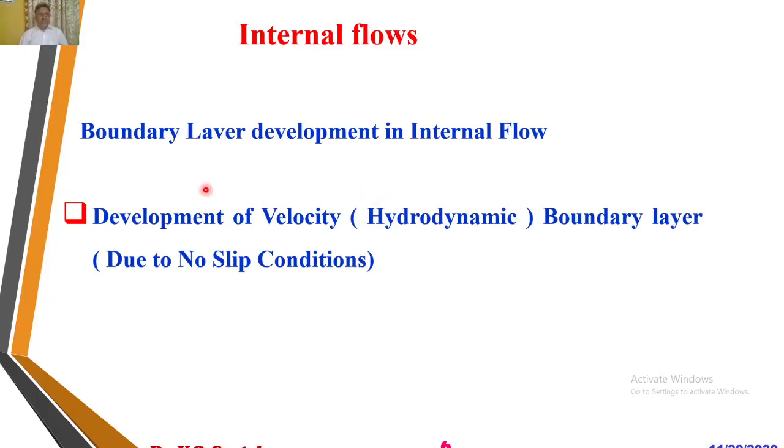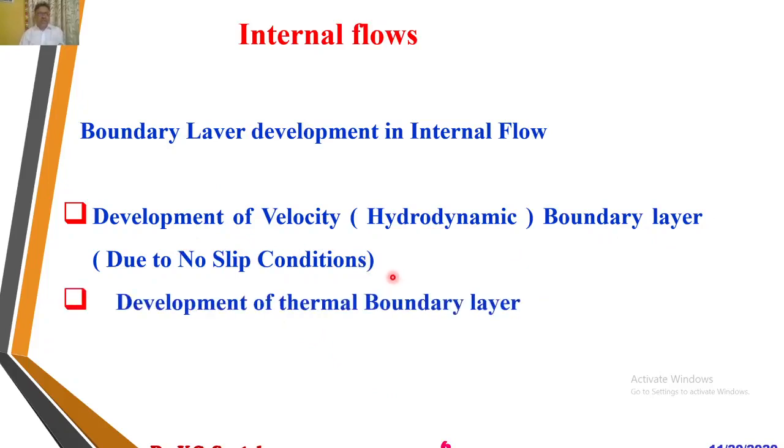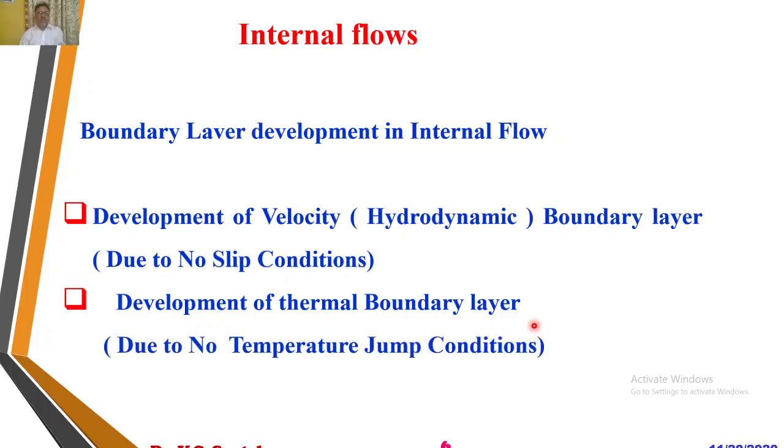Number one is development of the velocity or hydrodynamic boundary layer, and this takes place due to the no slip condition. Number two is development of the thermal boundary layer, and this is developed due to the no temperature jump condition. The concepts of no slip condition and no temperature jump condition have been discussed in detail in earlier videos, so kindly refer to those videos on external flow.